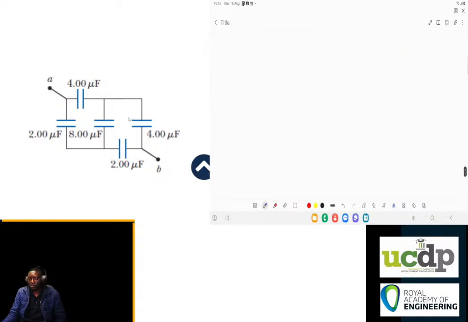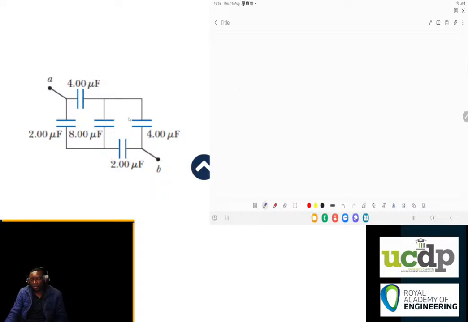Oh, the question is asking for the total capacitance of this circuit. Or we could just add them, let's first break down the circuit.